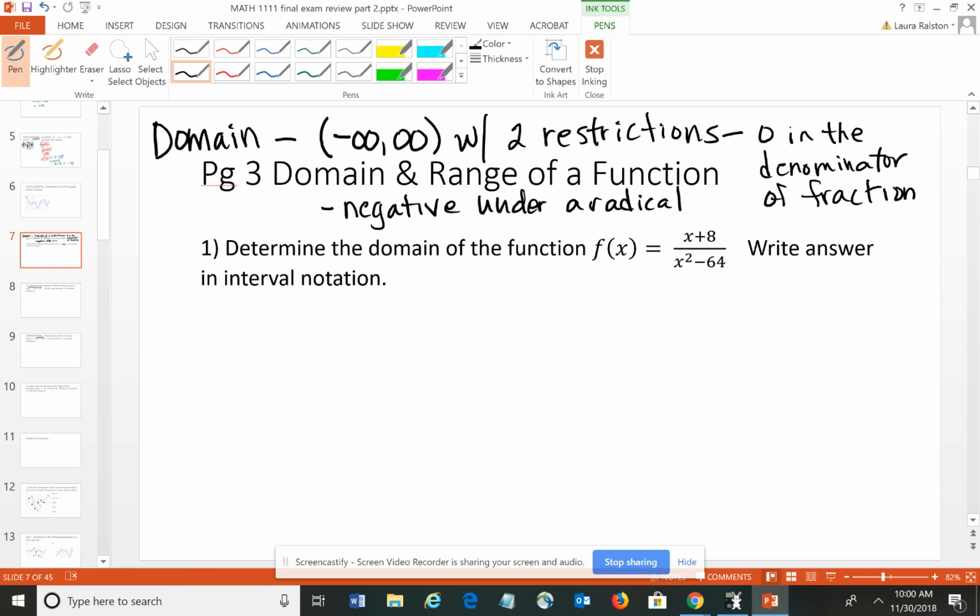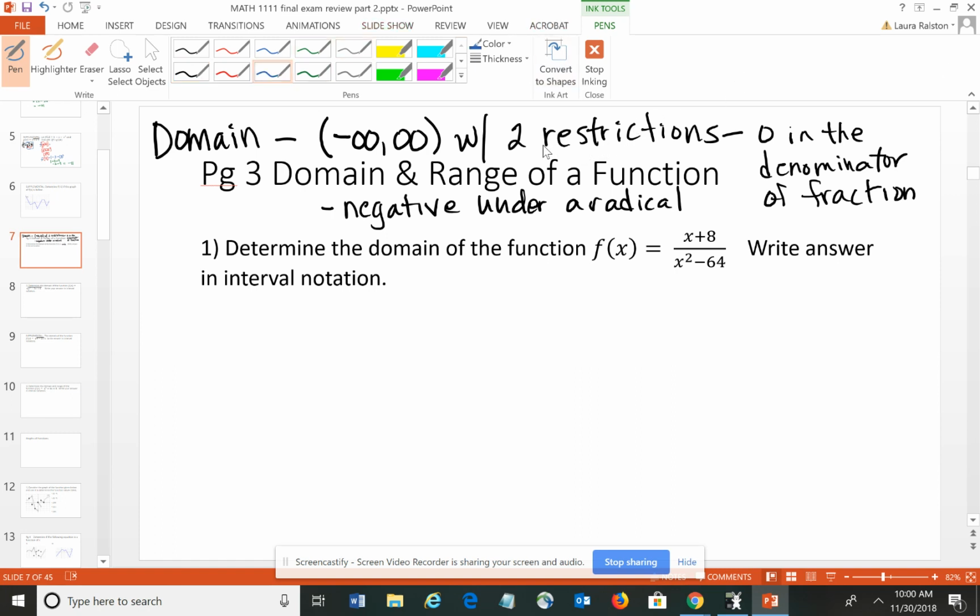So pretty much we can assume that the domain for a function is all real numbers unless the function involves a fraction, which is a rational function, or has a radical in it, and then we have to be concerned about negatives.